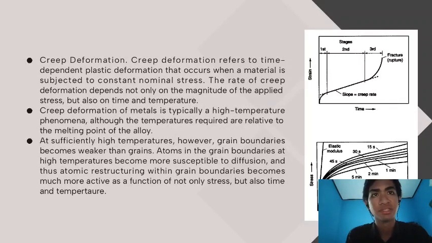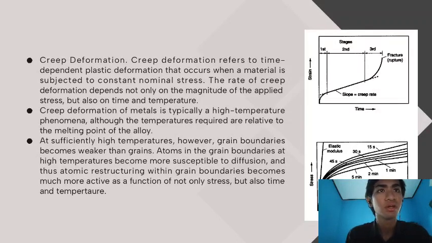Next, creep deformation. Creep deformation refers to the time-dependent plastic deformation that occurs when a material is subject to constant nominal stress. The rate of creep deformation depends not only on the magnitude of the applied stress, but also on time and temperature. Continuing creep deformation over time ultimately leads to creep rupture, also known as stress rupture.